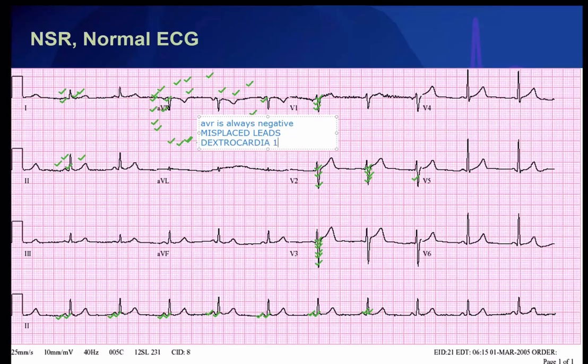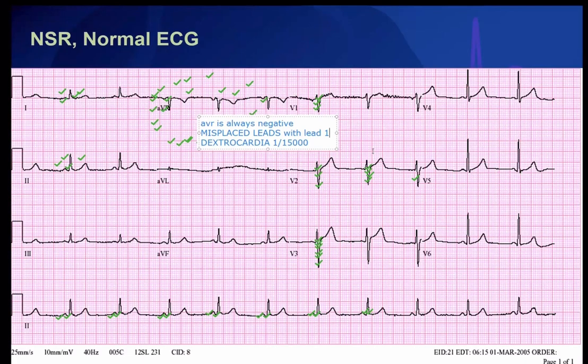Dextrocardia has a prevalence of 1 in 15,000, so it is not that common. And if it is misplaced lead, it is usually misplaced with lead 1. So you will see lead 1 is inverted and lead AVR is positive. So this is the way you look at your ECG.